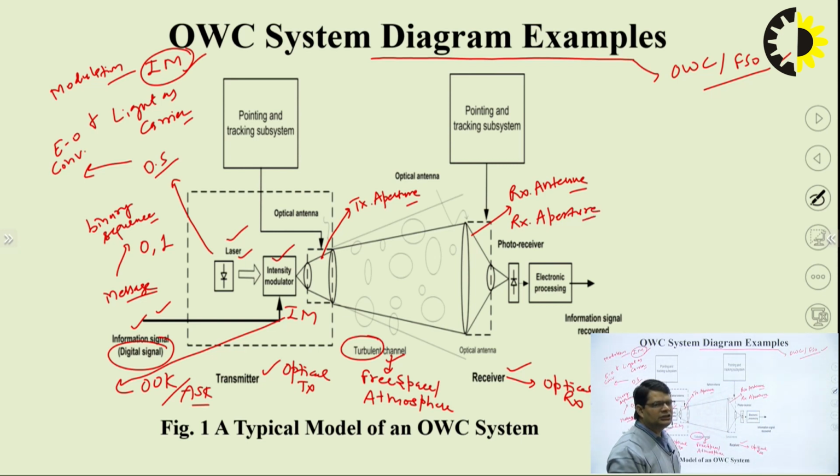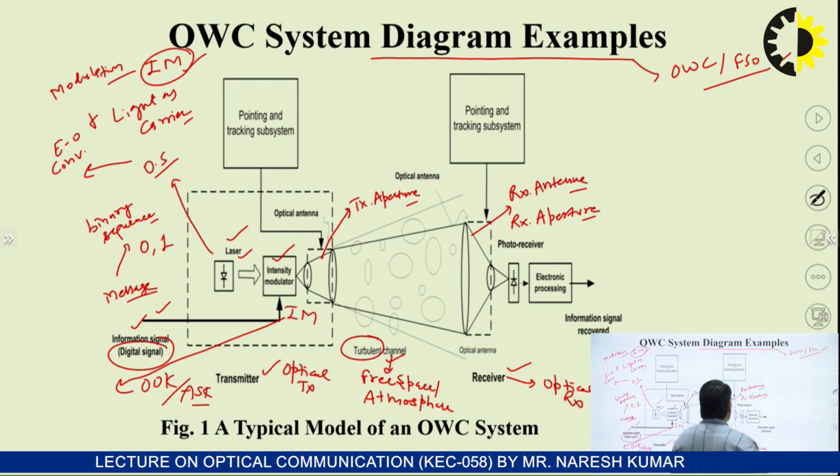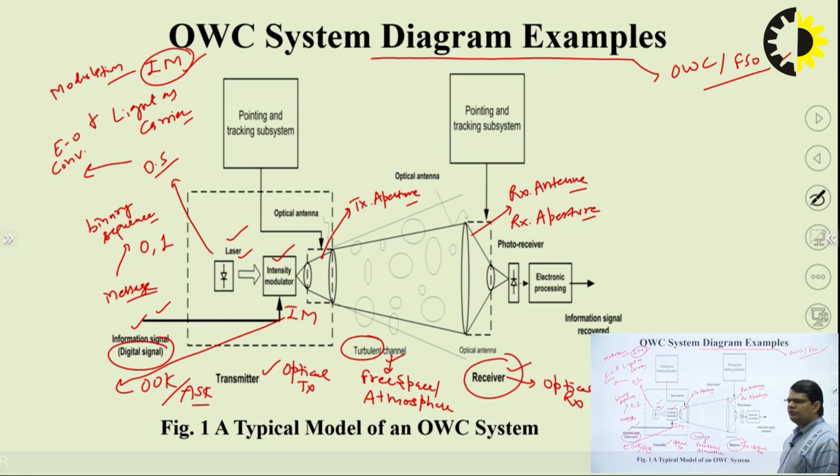Generally, the receiver aperture size is larger as compared to the transmission aperture. Then we know that, like any other optical communication system, the receiver part of this free space optical communication will be an optical receiver. The first component in the optical receiver is a photodiode or photodetector.